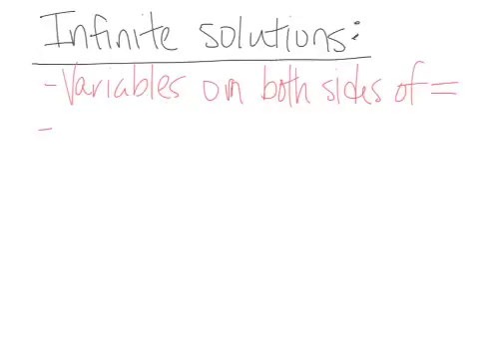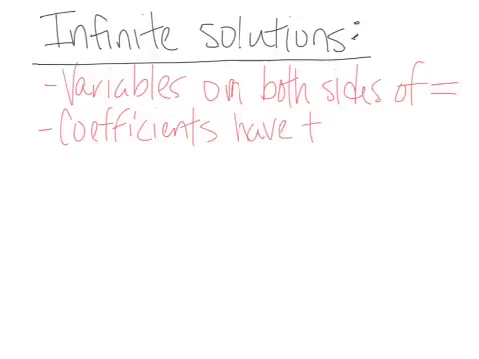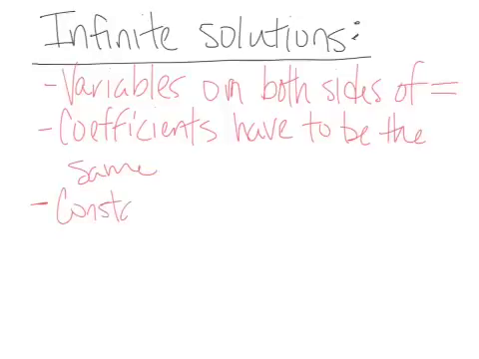The next thing that has to happen is that the coefficients, or the number with the variable, have to be equal, or have to be the same. And then the last one is that the constants have to be the same.